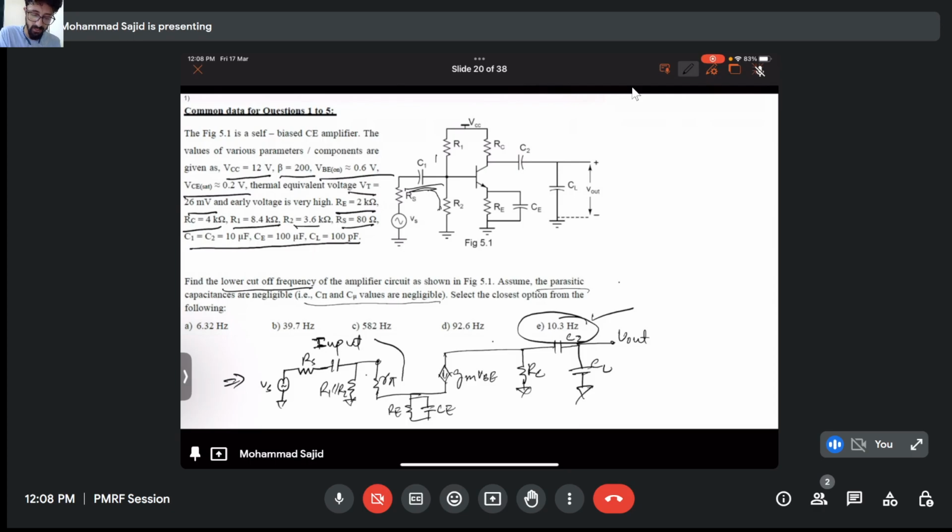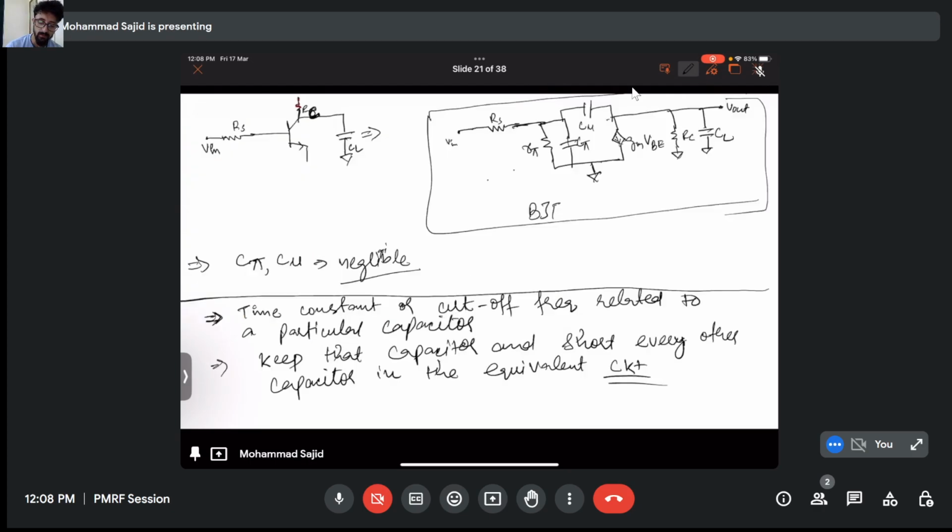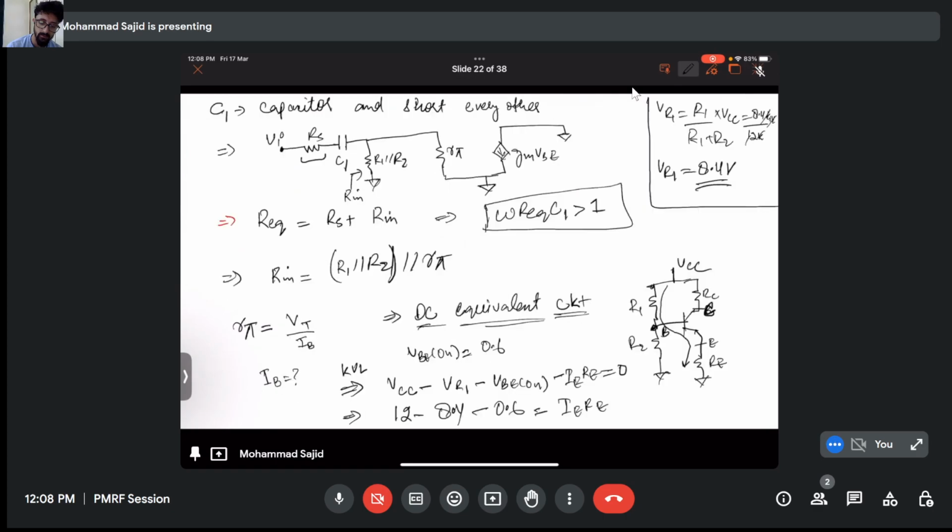Just to look back at it, you first find the equivalent circuit, then you short every other capacitor and find the equivalent resistance, and that will help you find the cutoff frequency by using this formula. So this is all right.